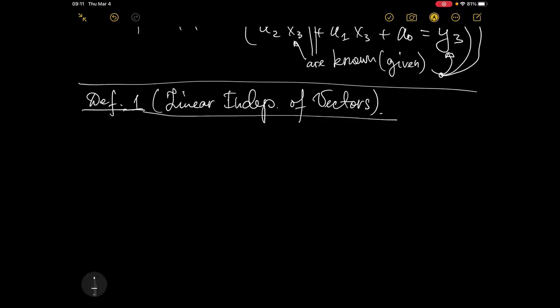Let v_i, i goes from 1 to n, be a collection of vectors.